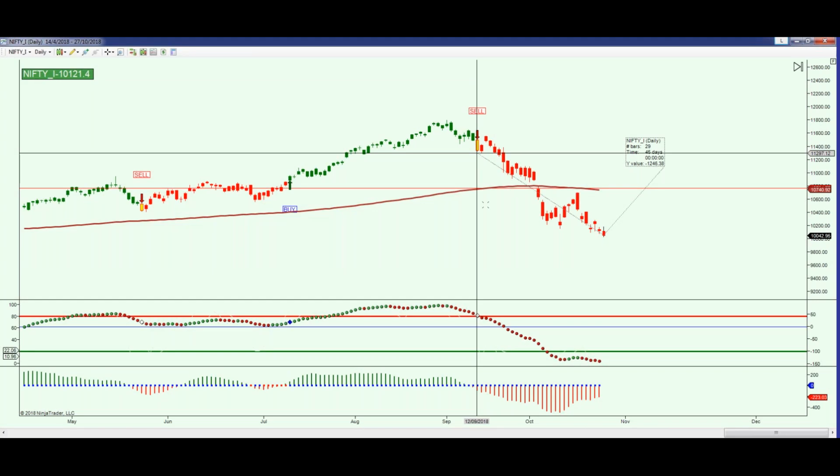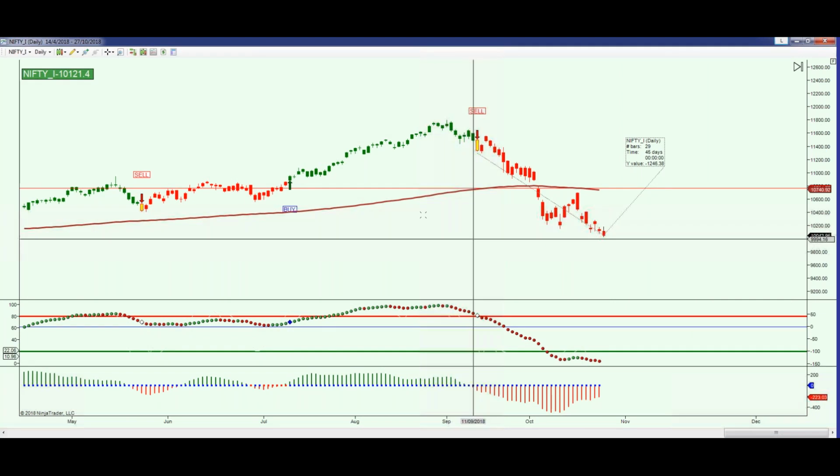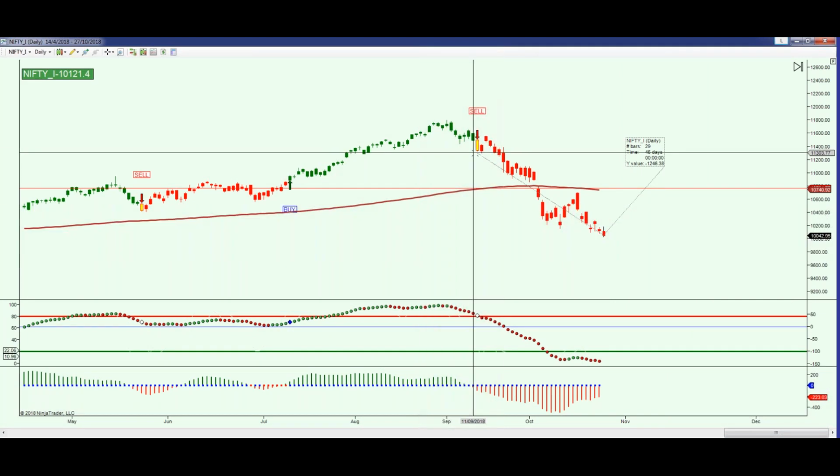You can see at the bottom you have the date, and on the right side you have the prices. Here I got a sell call on 12th of September on Nifty, and the price was roughly around 11,318. I'm just giving you roughly because I don't want to magnify it.